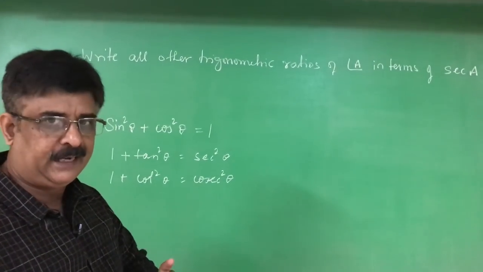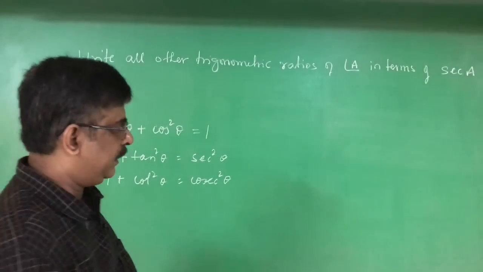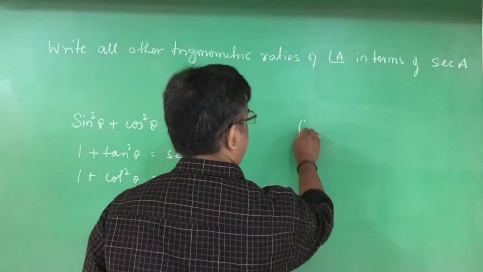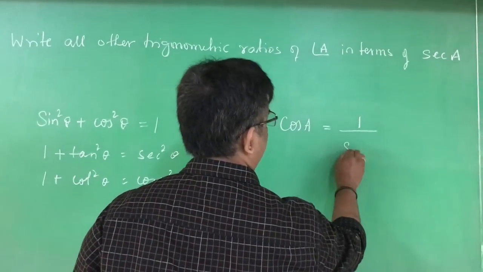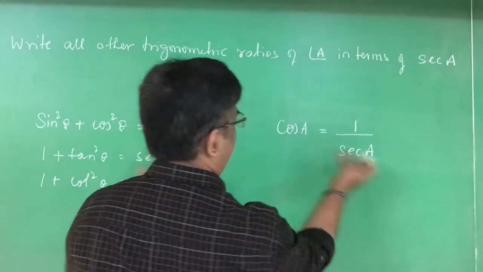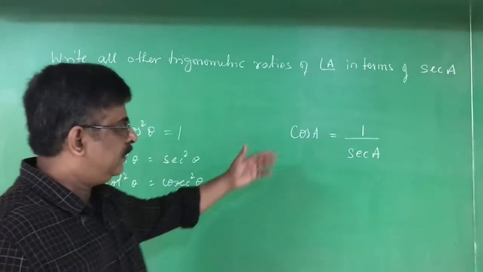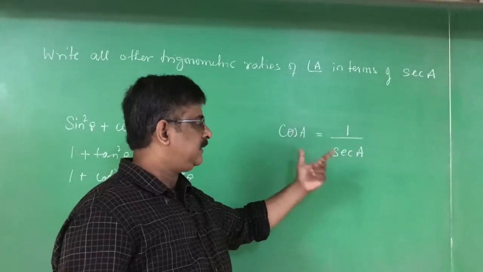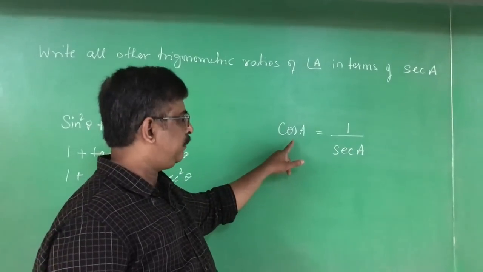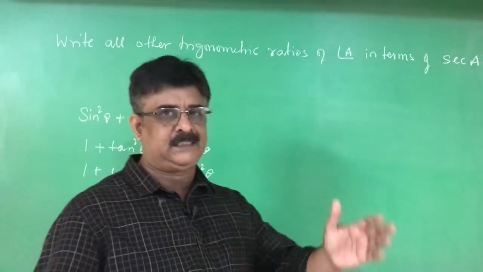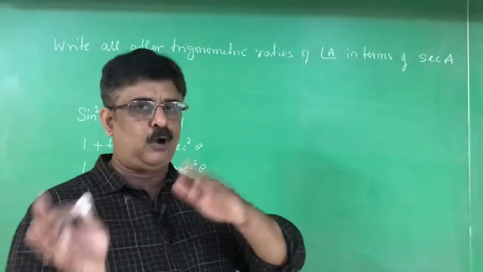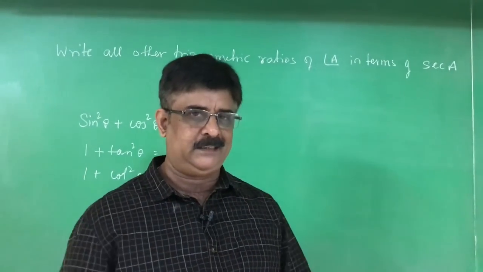Cos and secant, it is simple, because there is a direct relation. Cos A is nothing but the reciprocal of secant A. The relation is cos A is equal to 1 by secant A. That is the relationship between cos A and secant. Relationship between sin and secant, and cos and secant, become very easy.